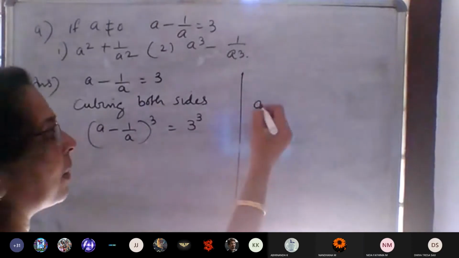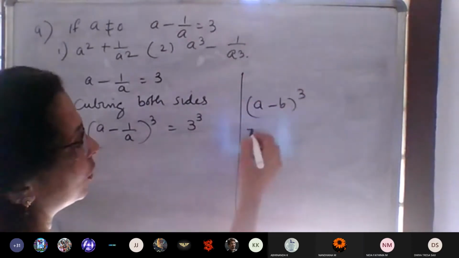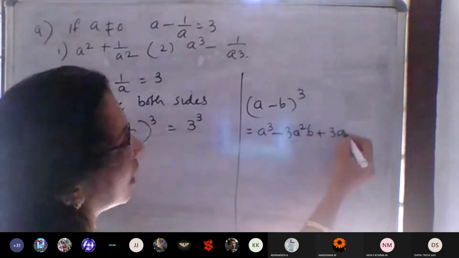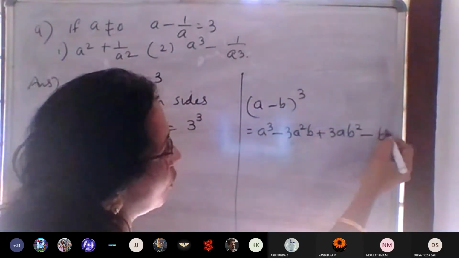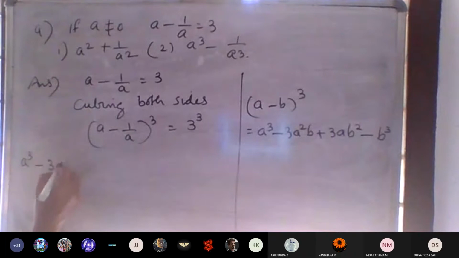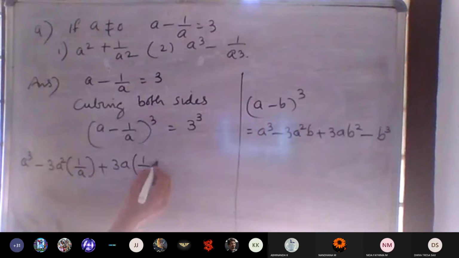If you need, you write a minus b whole cube is equal to a cube minus 3a square b plus 3ab square minus b cube. Here minus, think of that. Minus b cube. So this will be a cube minus 3a square b plus 3ab square minus b cube, meaning 1 by a cube.